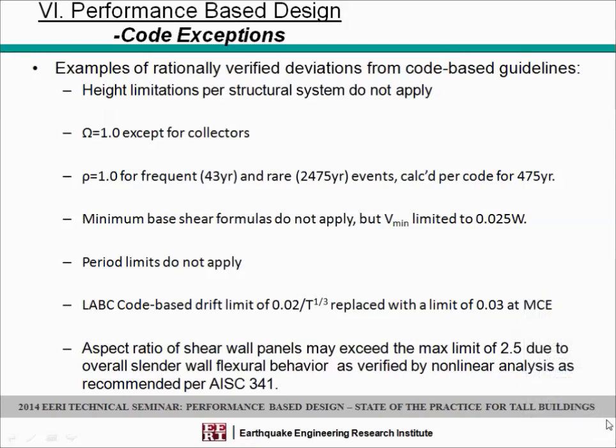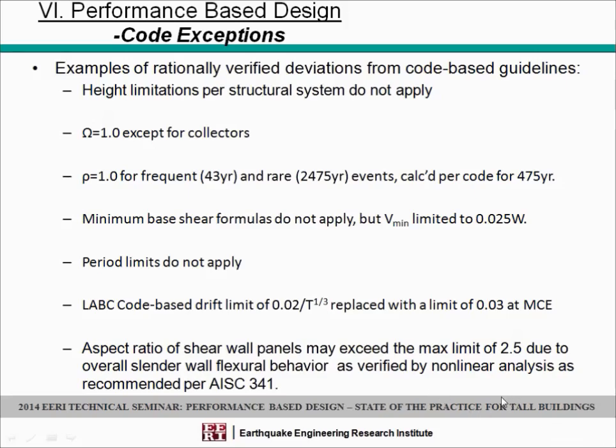Minimum base shear formula do not apply, as much as I said we use the V minimum eventually of 2.5%. Period limits do not apply. LA Building Code drift, the formula that was presented earlier this morning, I think it was by Jack, they gave us exemption for. However, we limited the drift to 3% at MCE.